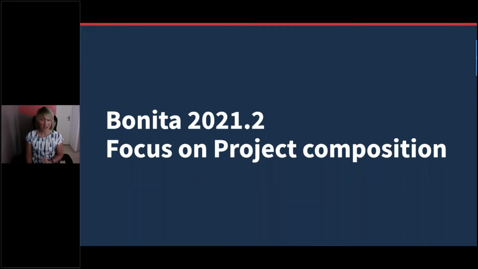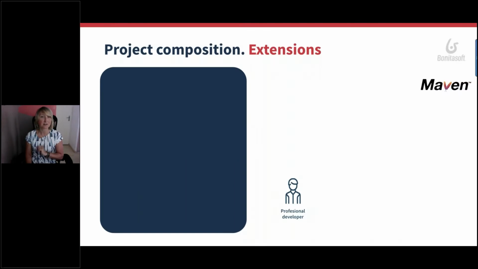What is project composition? Project composition will really be the extension part, the extension for developers part. So here we talk about what we call professional developers, which are developers that have skills in Java and backend. The extensions can be created in your own preferred IDE. For example, if you use IntelliJ, feel free to do it.